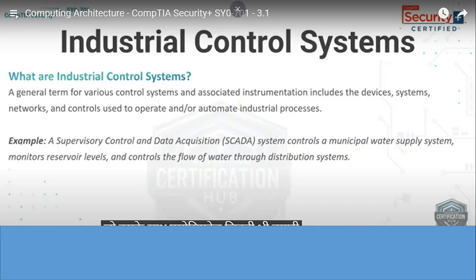Different levels are there, and it controls the flow of the power supply, or the water supply, and the different controls also there. Industrial control systems are basically computing systems used to monitor and control industrial processes. This is the simple understanding of that.